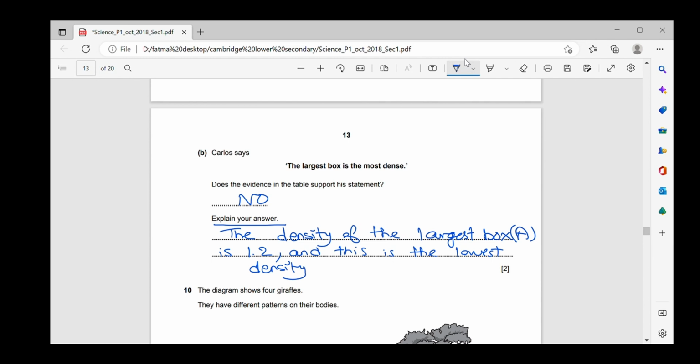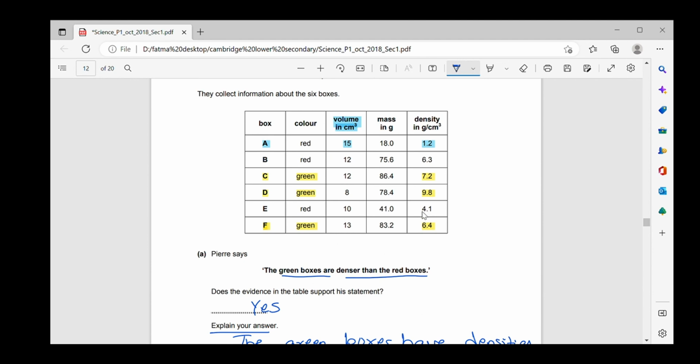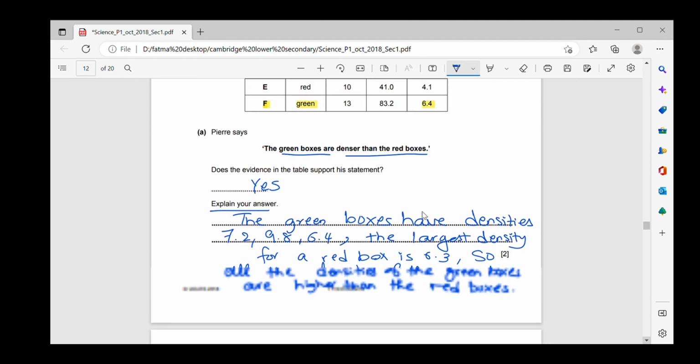Other boxes have higher densities. So here, box A is the largest box, yet it has the smallest density.